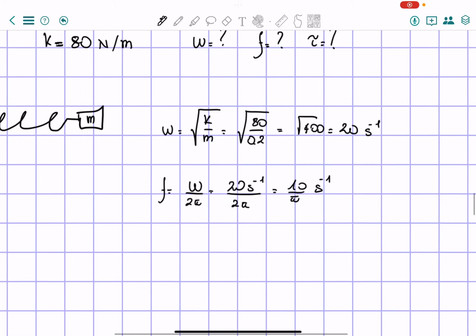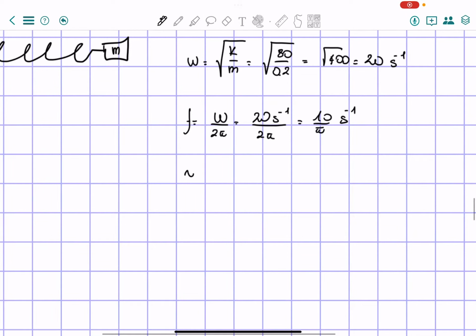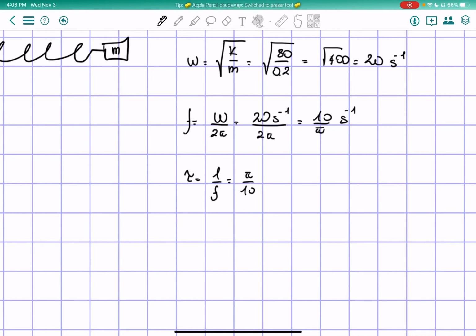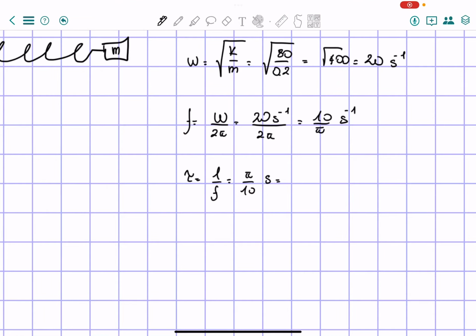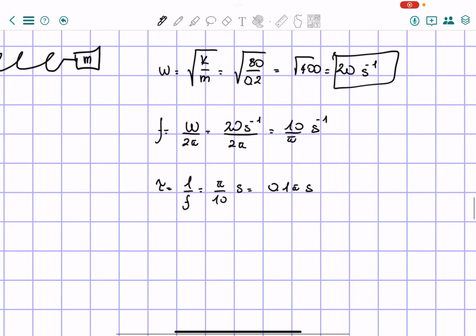And then we have the period, which is 1 over f, which is then equal to pi divided by 10 seconds, or 0.1 pi seconds. These are our three answers to the problem, for the three different questions.